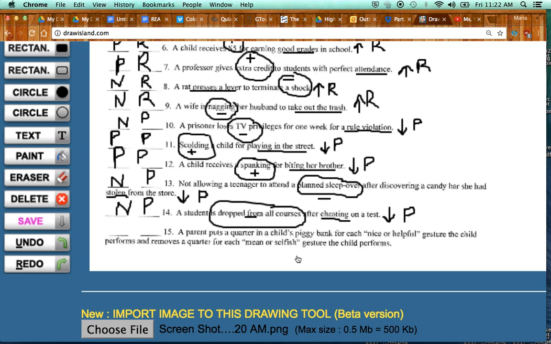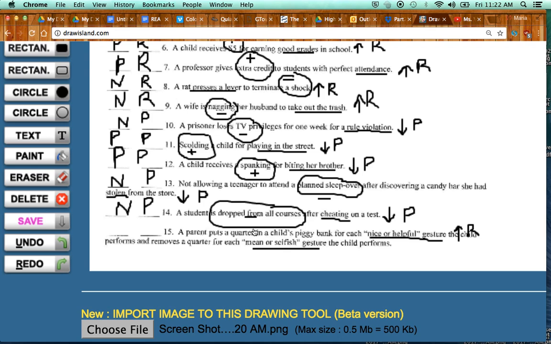And then number 15, there's 2 parts to this question. A parent puts a quarter in a child's piggy bank for each nice or helpful gesture the child performs and removes a quarter from each mean or selfish gesture the child performs. For the first part, that would be positive reinforcement because we want the behavior of being nice or helpful to increase.